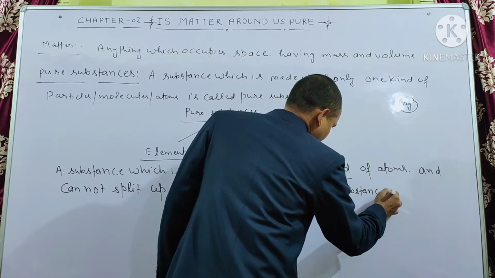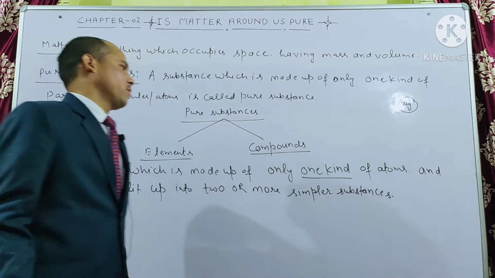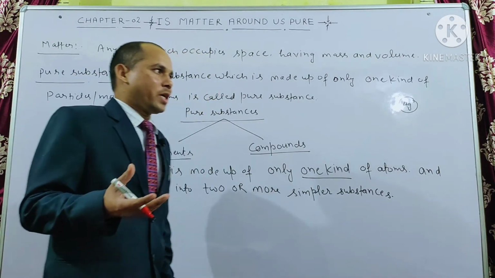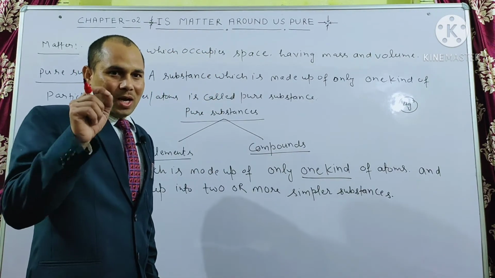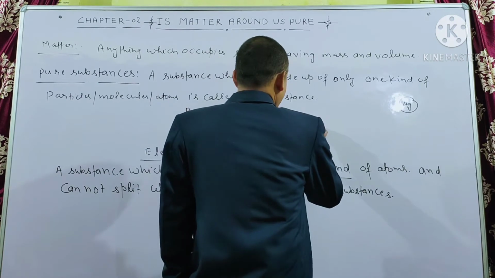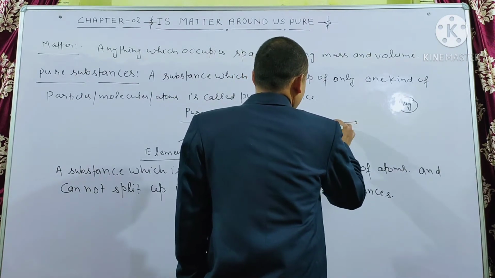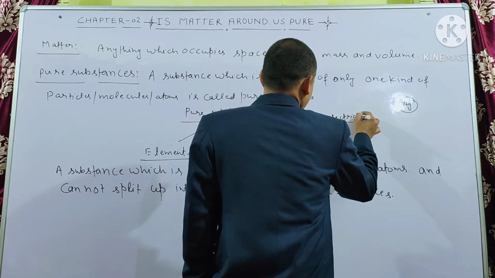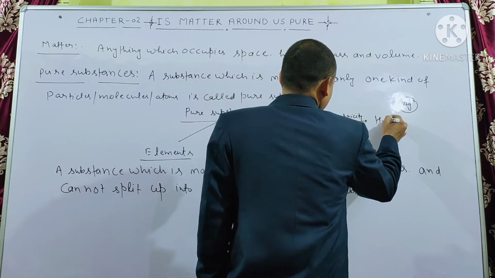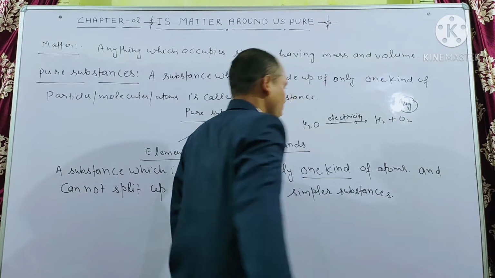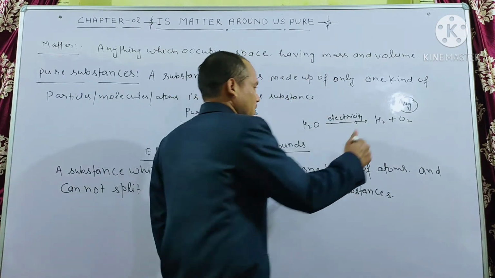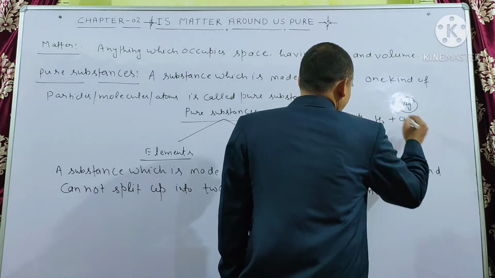Okay, so let's take an example. Suppose H2O. Actually, H2O is a compound, right? If we pass electricity in H2O, it dissociates into H2 plus O2. So it is dissociated into two simpler substances, that is H2 and O2.